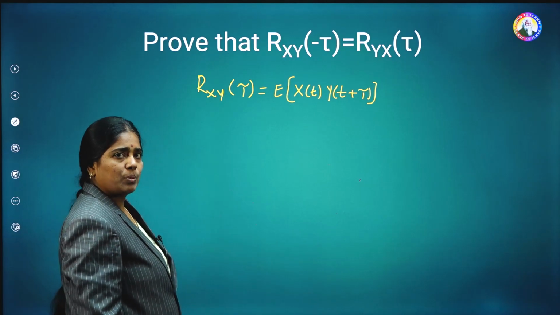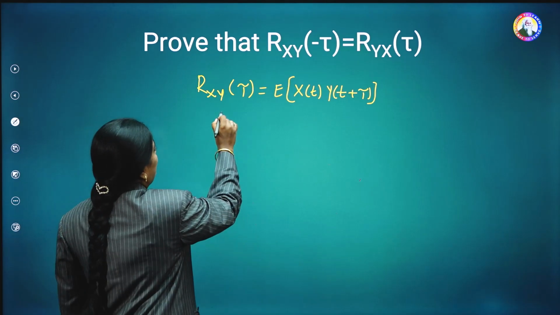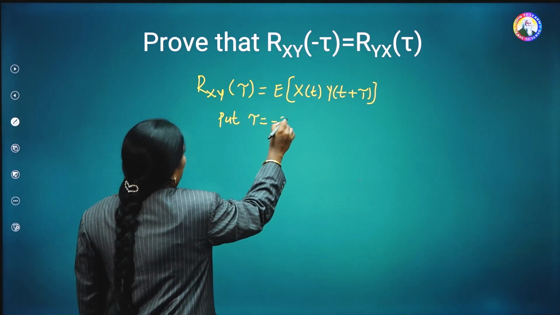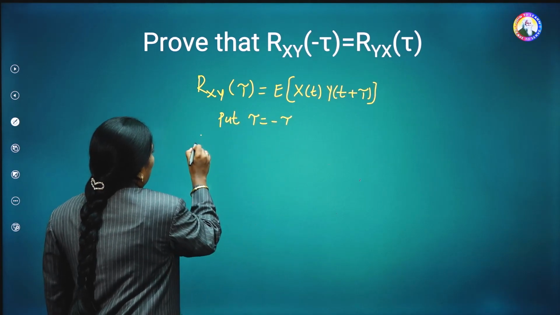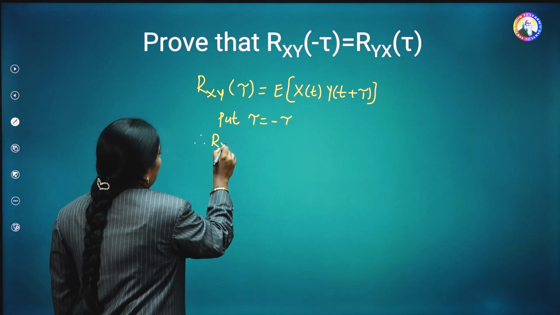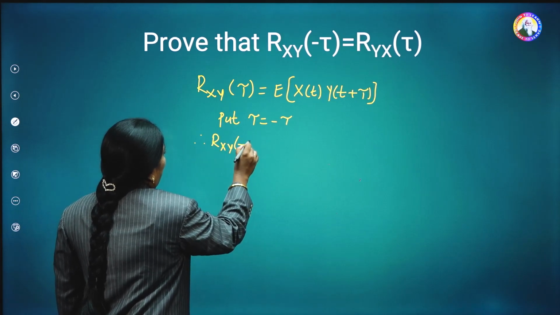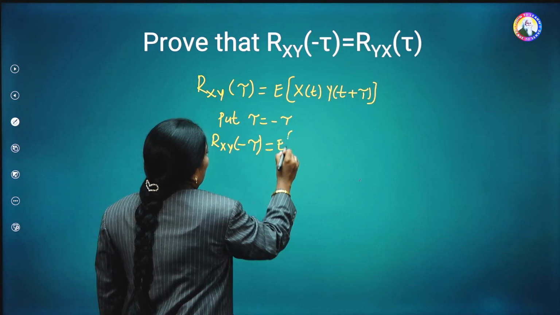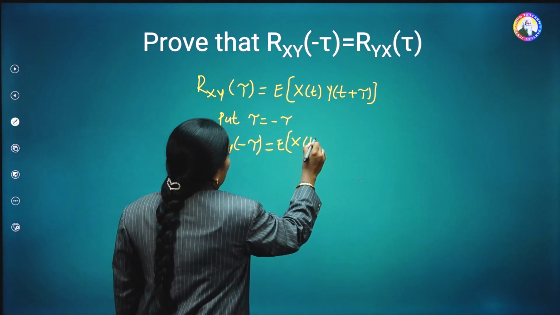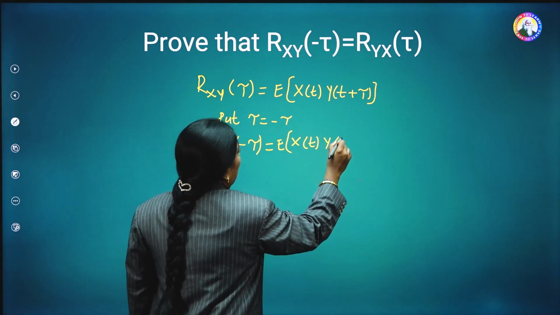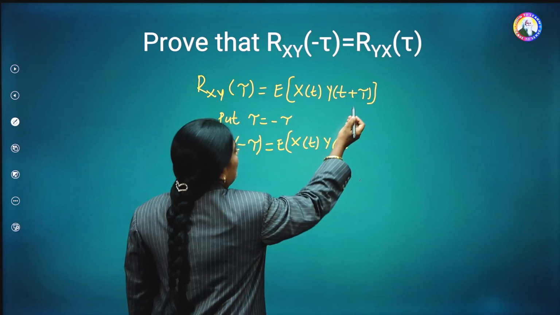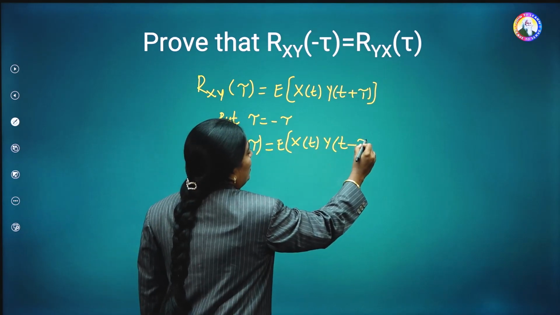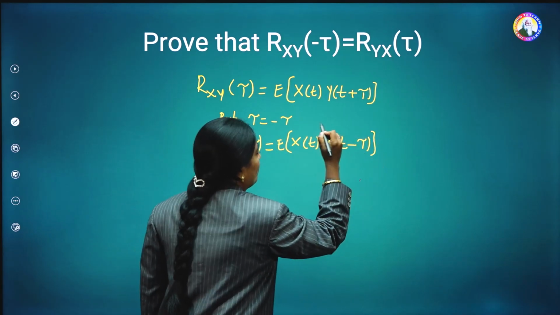Now, put tau is equal to minus tau. Therefore, rxy of minus tau is equal to E of x of t into y of t minus tau, instead of plus tau now replaced with minus tau.